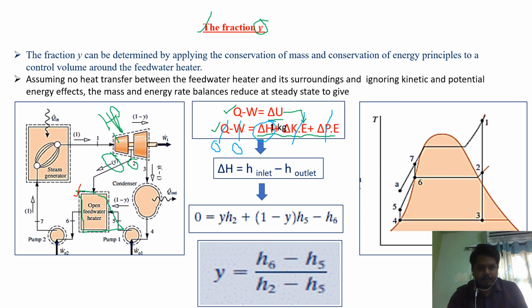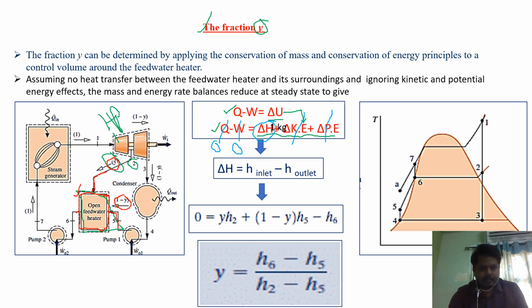If you look at the open feed water heater, here it has two inlets: inlet from point 2 and inlet from point 5. From point 2, Y mass enters the open feed water heater. From point 5, 1 minus Y mass enters.